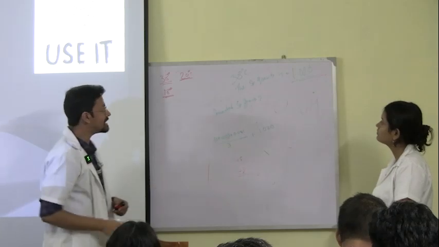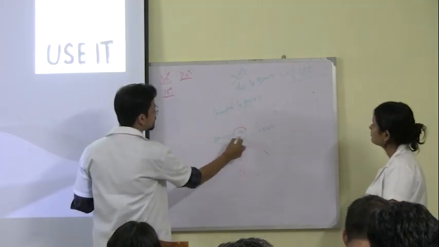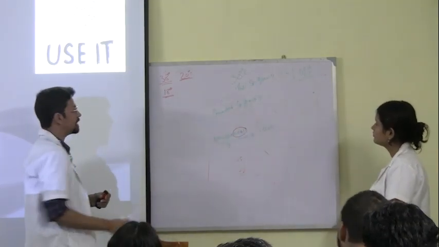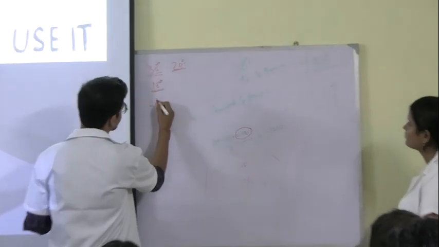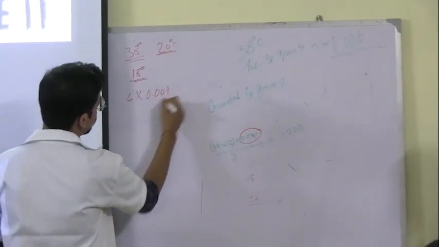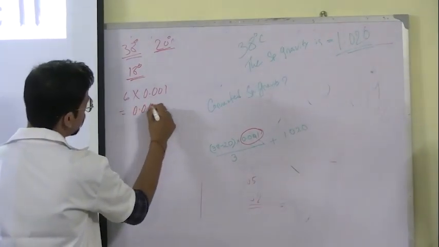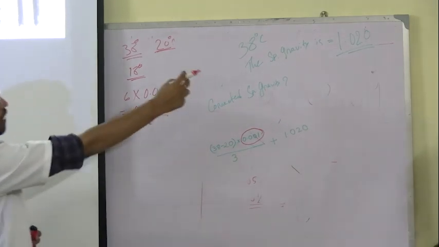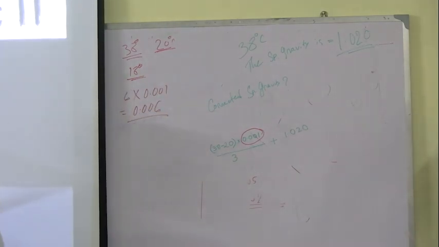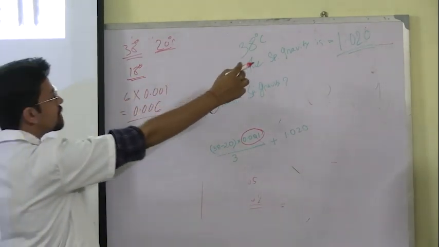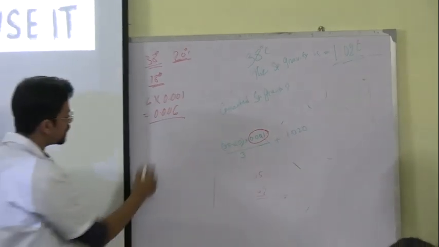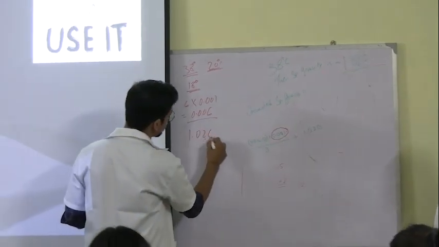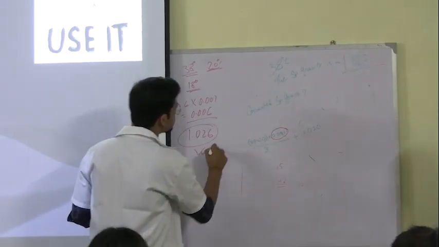For each 3 degree, how much are we adding? This is a fixed amount. So for 18 degree, 6 into 0.001, coming 0.006. And the base value that we got is 1.020. If you add 1.020 with this much, how much do you get? 1.026. This is the corrected specific gravity.